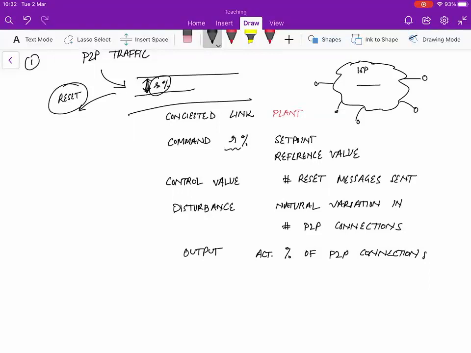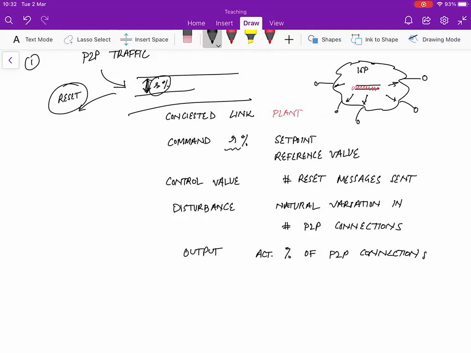And somewhere in the network in the middle is this congested link. Whenever this link gets too congested, the ISP is going to send these reset messages to all of the people on that link saying, shut up, this link is too busy.